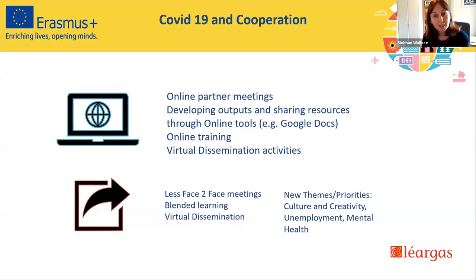Sometimes there's actually advantages to working online that they hadn't foreseen before. An example could be for a dissemination event that you're holding for your project, you might find that you can reach a wider range of people online and across a wider range of target groups. So there have been obviously pros and cons of having to move to virtual cooperation.